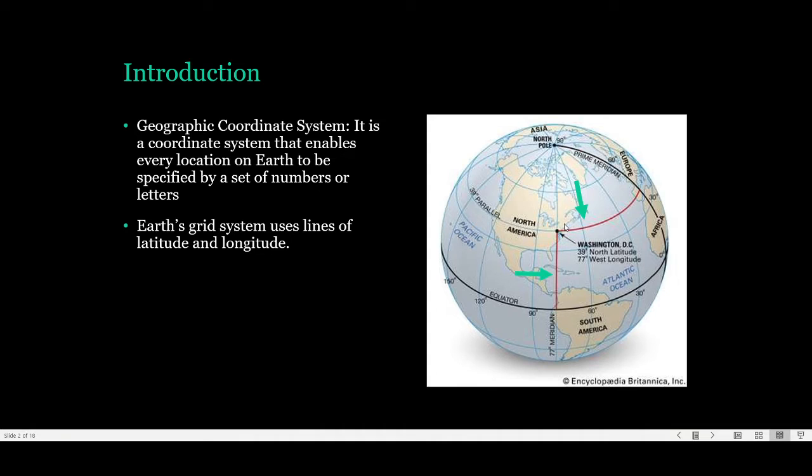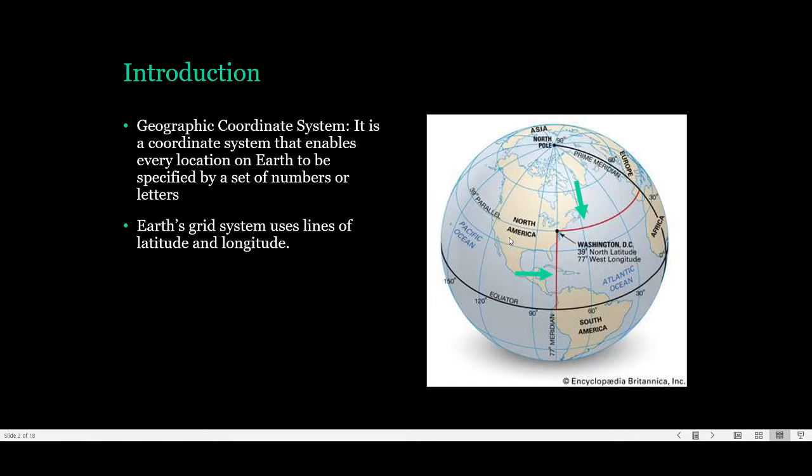For example, we have a dot here, Washington, D.C., and from the x-axis, we're reading the latitude, which is 39 degrees north latitude, and then from the y-axis, we're reading 77 degrees west longitude for Washington, D.C.